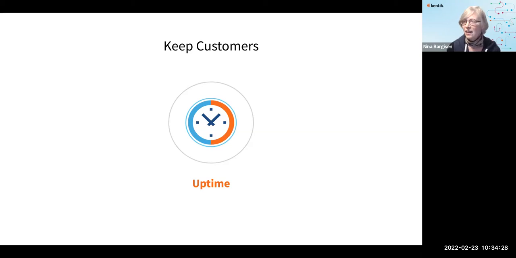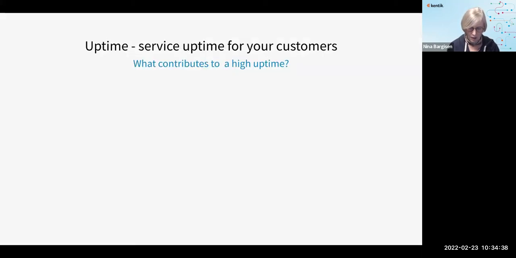That comes down to the KPI uptime, and a lot of this will revolve around that. But which uptime are we talking about? It's the service uptime, the availability of what the customer wants to use on the internet, and not so much the uptime of our devices or the uptime of a random connection in our network.